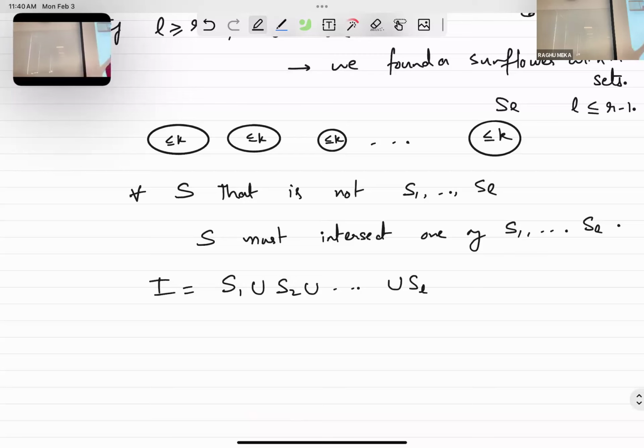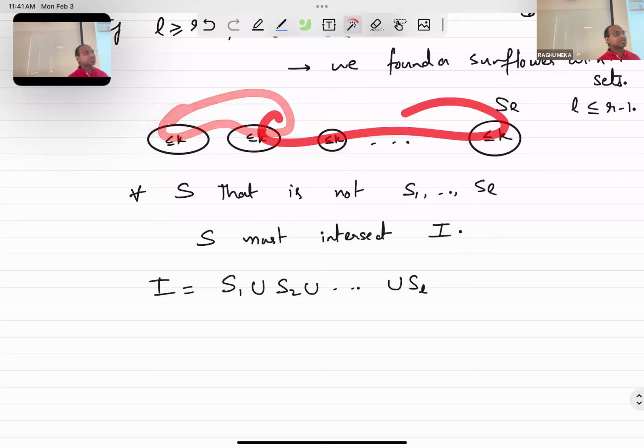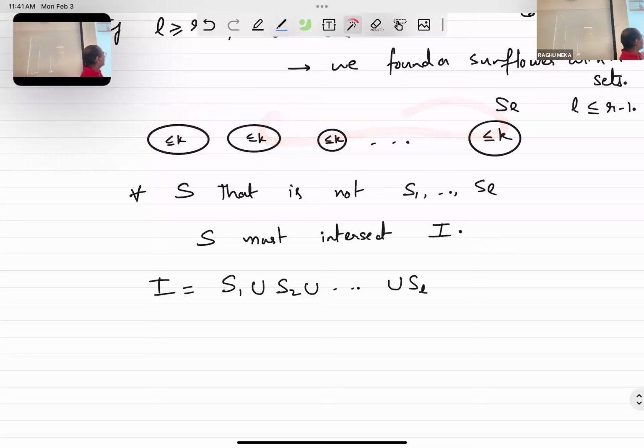I have at most K here, K, K, K, but the total number of sets is at most R minus 1. In particular, this means that every set which is not one of these must intersect I, because it must have some overlap. Otherwise, I could find a disjoint set and add it to my collection, grow it. So every other set must overlap somewhere, maybe here or maybe it could intersect two things. It doesn't matter. It must intersect at least one of them. So in particular, it must intersect the union.